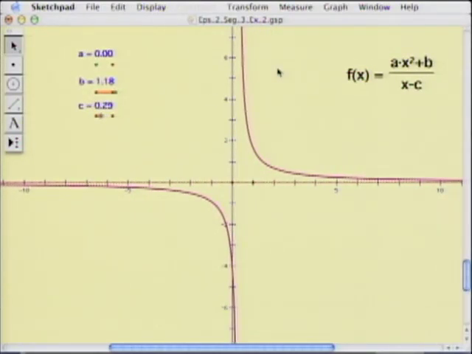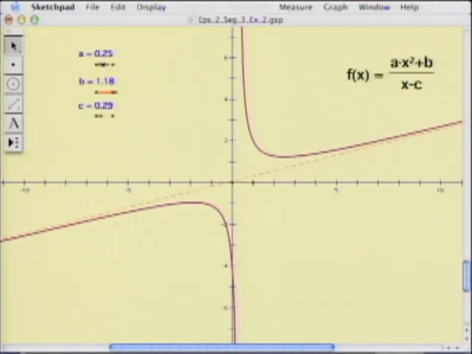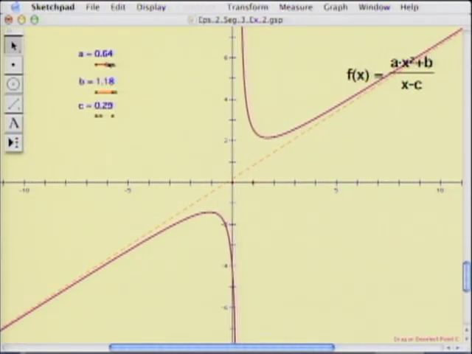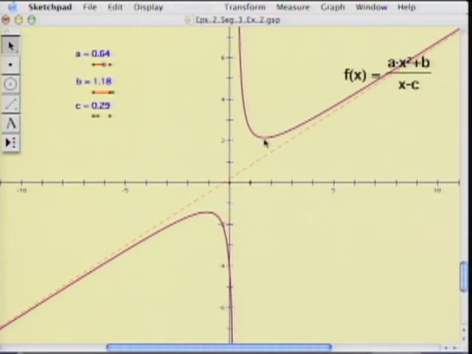We talked about this. Because the power of the top is higher than the power of the bottom, you don't end up with a horizontal asymptote. You end up with a kind of slant. Watch what happens when I tilt this a around. The way things are drawn now, if I just look at the positive values, I actually have a minimum here.